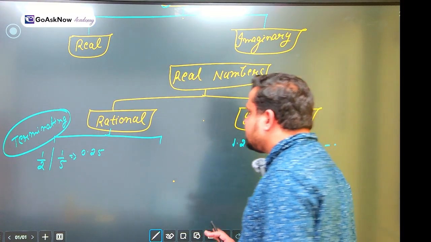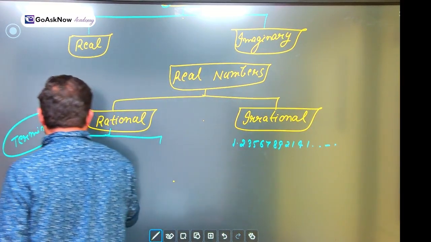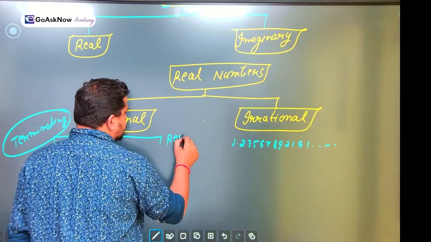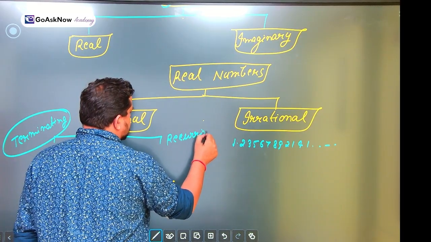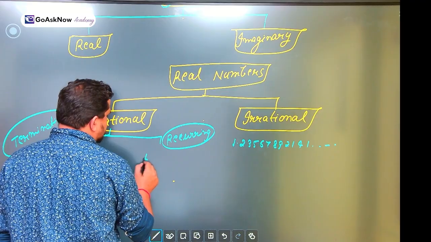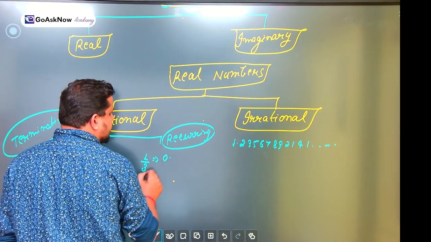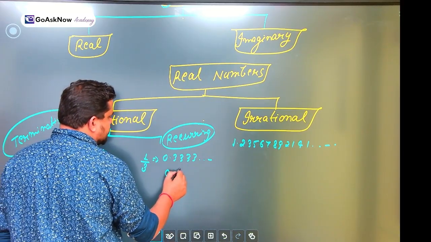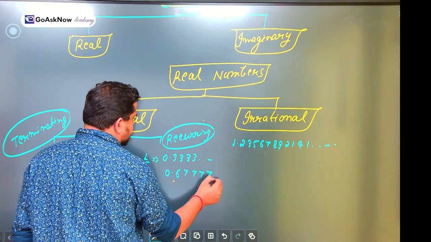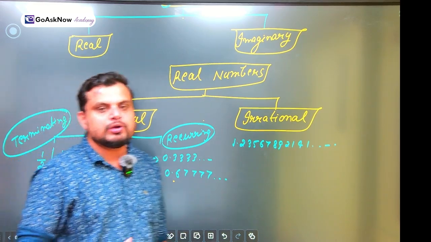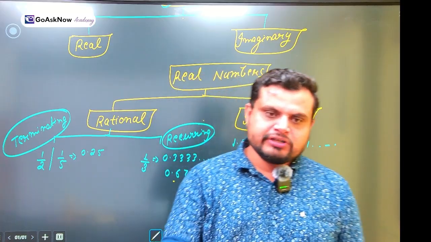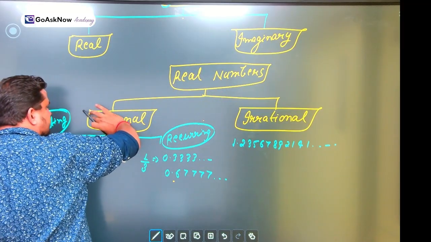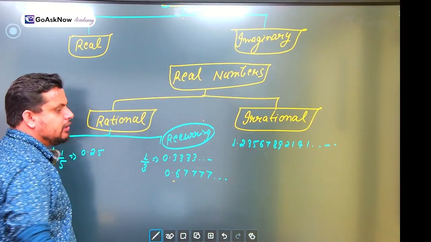These numbers stop at a particular place. The second type is recurring numbers, like 1 by 3, which is 0.33333, and similarly 0.67777. These numbers follow a particular pattern after the decimal. So on this basis, real numbers get divided into two parts, rational numbers and irrational numbers.